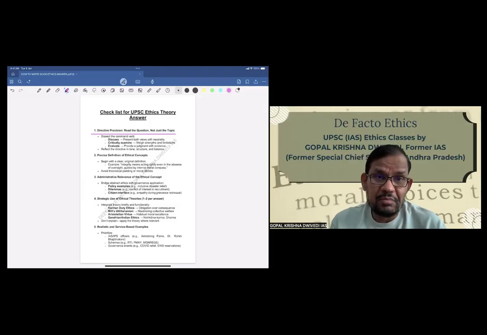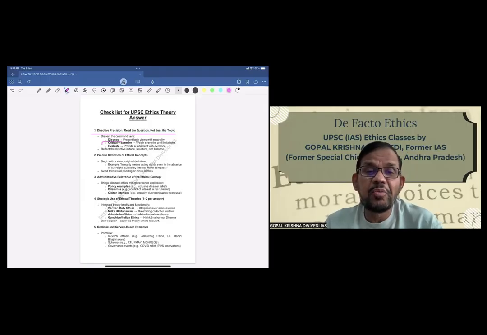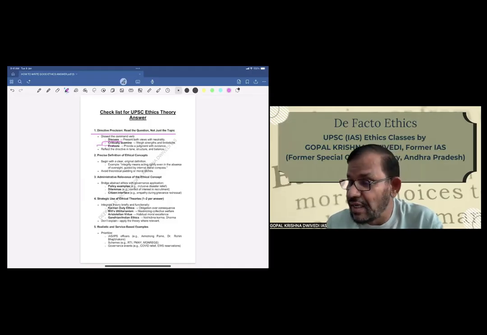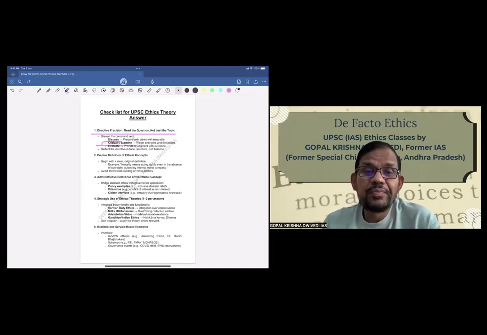I have written a few examples here. If the directive is discuss, it means you have to present both views with neutrality, positive views and negative views. If it is critically examine, then you have to weigh strengths and limitations, focus more on negative points, and then finally give your conclusion.